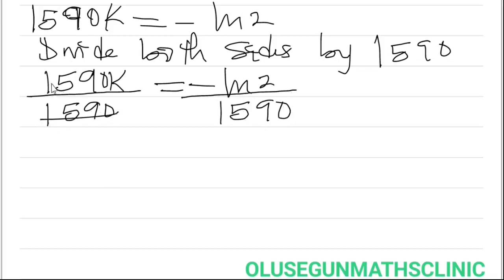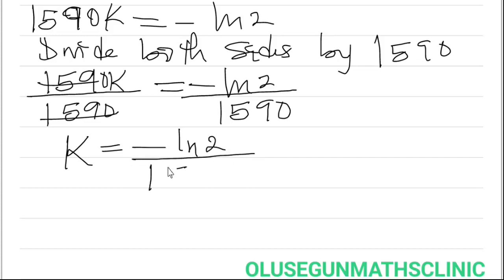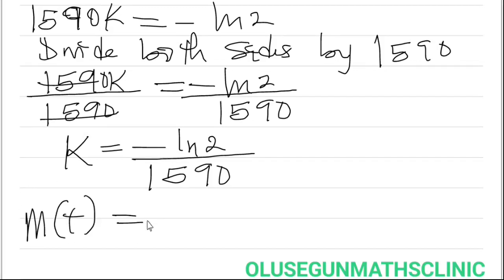This will cancel this. The value of our k will be minus ln 2 over 1,590. So this is the value of our k, the constant: minus ln 2 divided by 1,590.